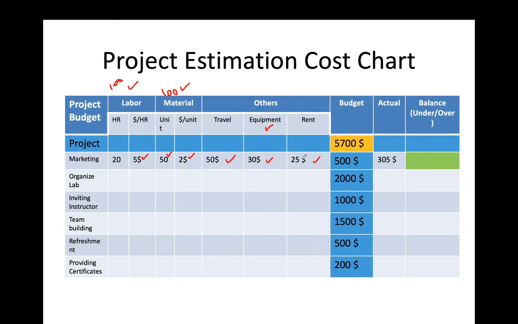So the total cost: 100 this, 100 this, 50, that is 250, plus 30, this will be 280, and 25, so 305 US dollars will be the actual cost.